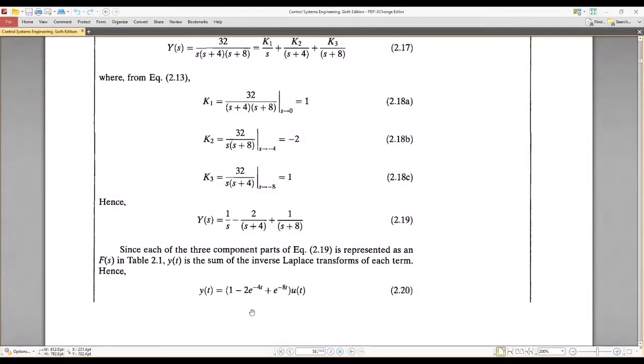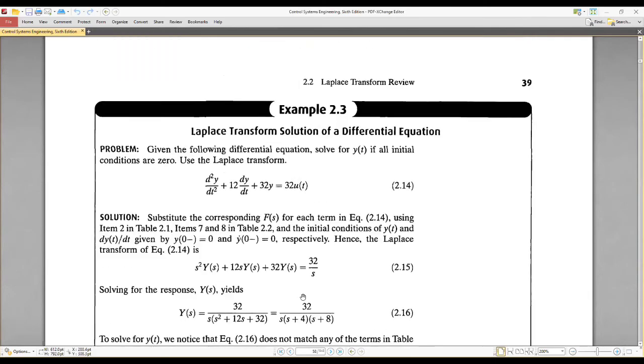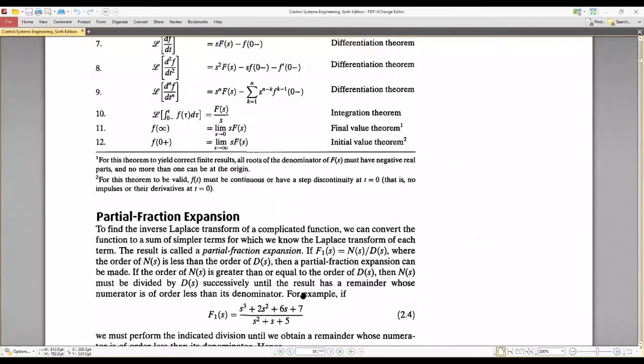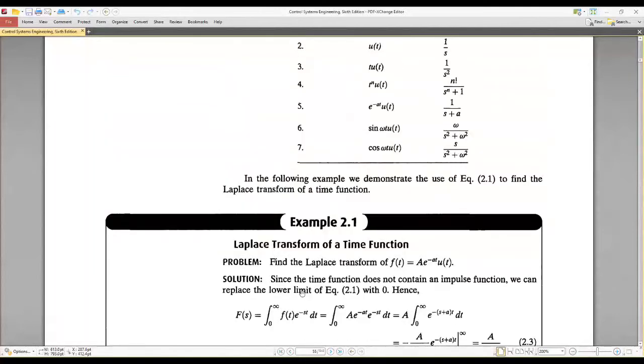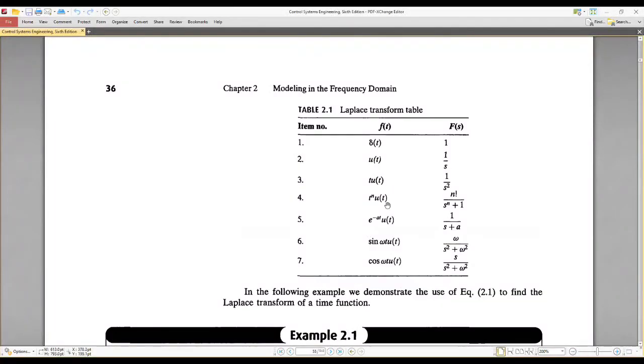And finally, you can write this equation y(t): 1 by s means 1, minus 2 times 1 by s plus 4 means 2 e to the minus 4t, plus 1 by s plus 8 means e to the minus 8t u(t).